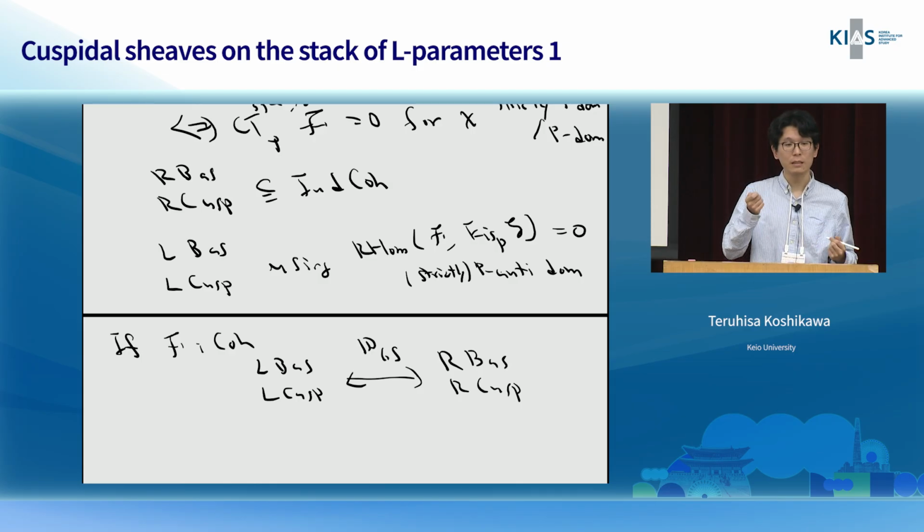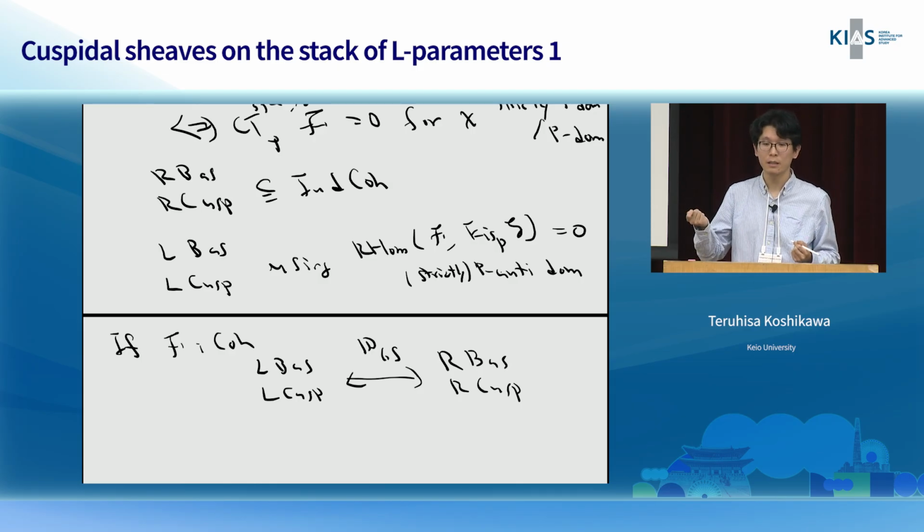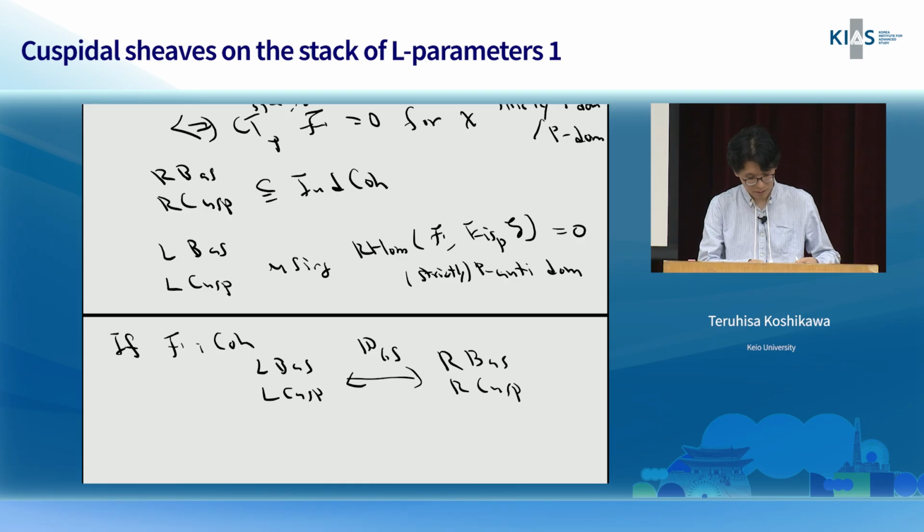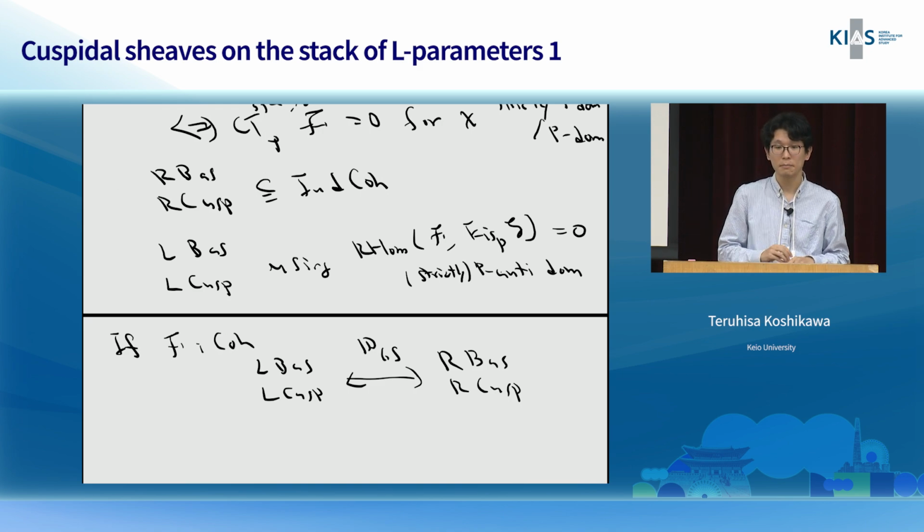And Eisenstein sheaves functor commute with Grothendieck-Serre duality. So you see basically the dual of G, but then the dominant weight becomes anti-dominant. Okay?